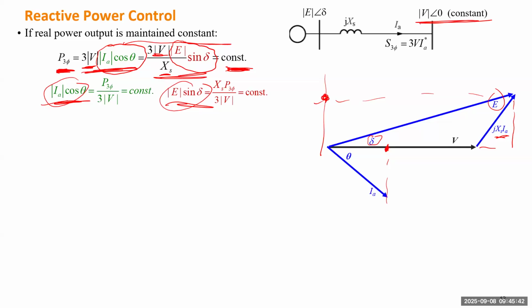So finally, the head of the current phasor will move along some vertical line, such that the projection is the same. And the head of E will be moving along a horizontal line, such that the projection is also the same. So we can draw two lines. This first green line just indicates how the current can move.